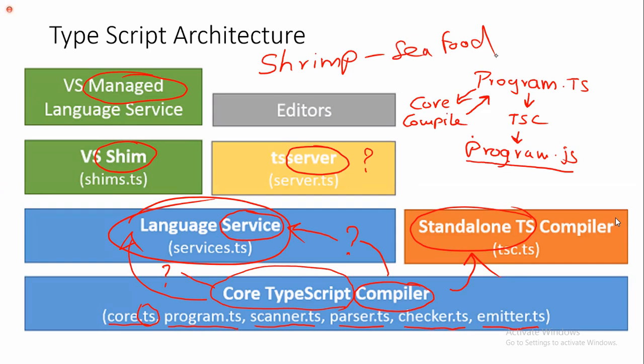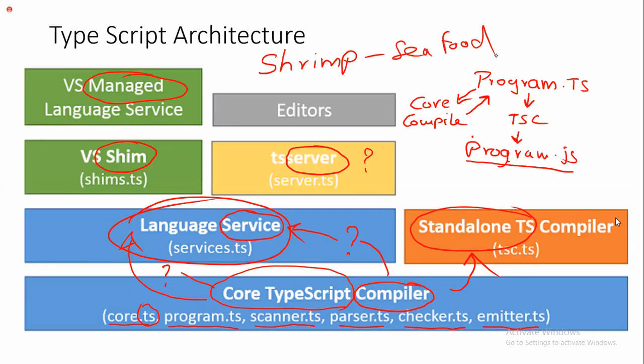Understood? So why is it called VS? VS means Visual Studio, which is Microsoft. Because TypeScript belongs to Microsoft, it is called the Microsoft shim, the Visual Studio shim.